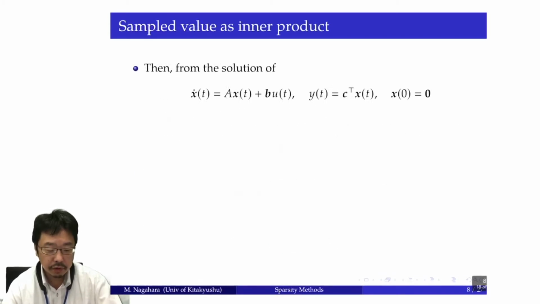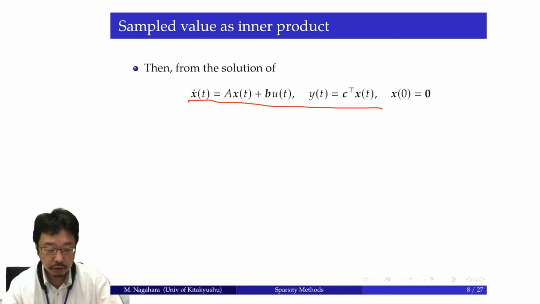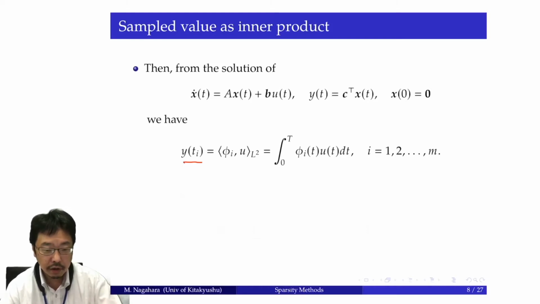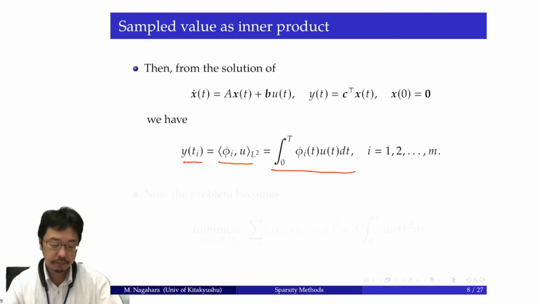Then, from the solution of the state space equation, we have y of ti, the sampled data of the function y, is given by the inner product of phi i and u in L2, which is described by this integral.